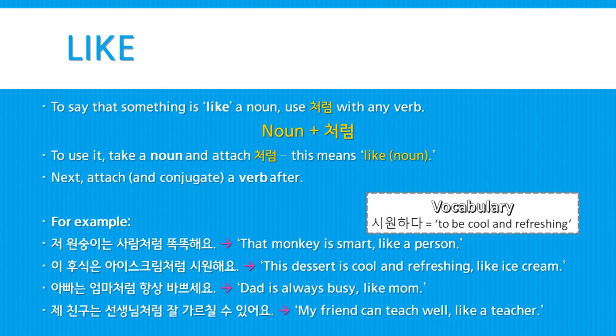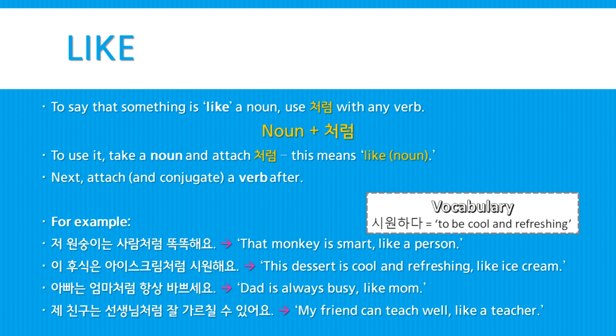저 원숭이는 사람처럼 똑똑해요. That monkey is smart like a person. So we're not just saying the monkey is like a person, we're saying that the monkey is smart like a person. 이 후식은 아이스크림처럼 시원해요.